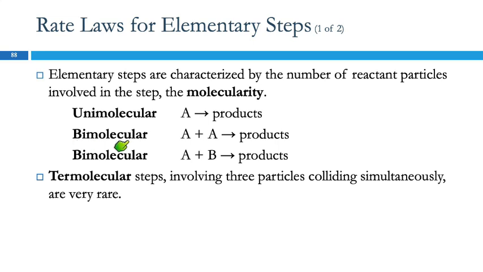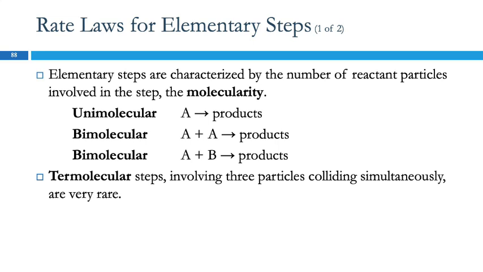A bimolecular reaction, we're going to have two different molecules that are going to collide with each other and form products. It could be two of the same molecule, or it could be two different molecules. So both of these are called bimolecular because it involves two molecules colliding. It's also possible to have a termolecular step in which three particles collide simultaneously.